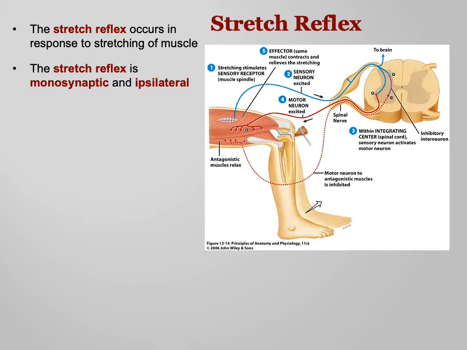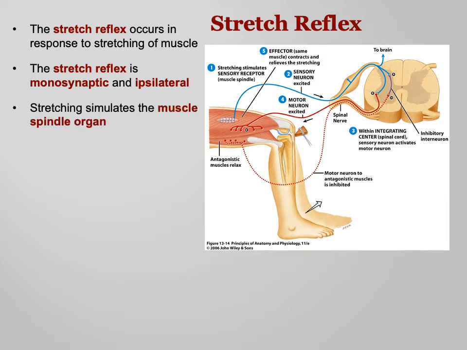And ipsilateral, ipsi, this is a good prefix to get to know. Ipsi means same, lateral side, so ipsilateral, same side. In other words, when the doctor taps your right knee, it's not your left leg that kicks. When you tap the right side, the right side kicks, all right? So that's ipsilateral, same side.